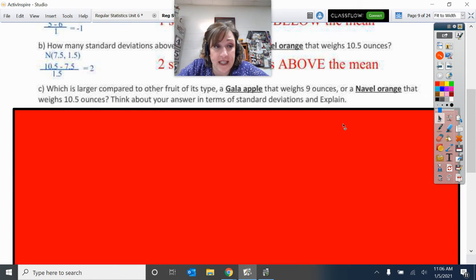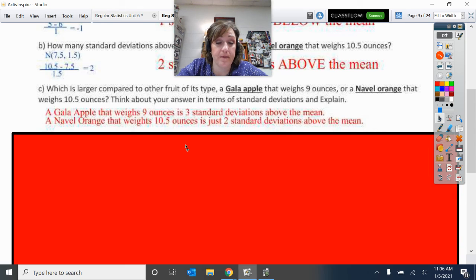Now look here, this is interesting. Which is larger compared to the other fruits of its type? A gala apple that weighs 9 ounces, or a navel orange which weighs 10.5 ounces. And I told you to think about your answer in terms of how many standard deviations they are away from the average fruit of their type. So that's what I did.